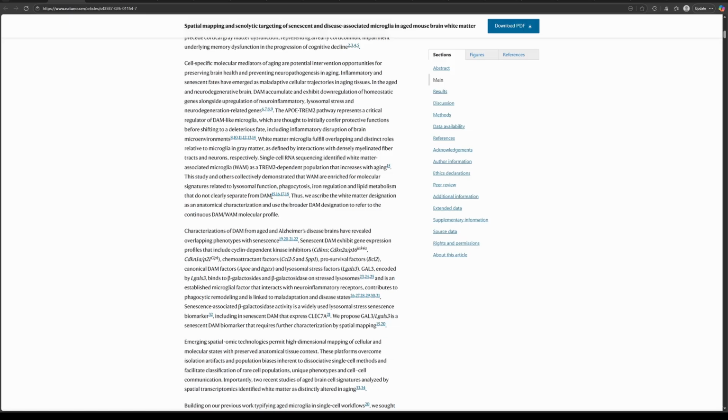Okay, so from what I'm understanding of this, I could be wrong, they're saying that these specific microglia are overlapping with the DAM microglia.